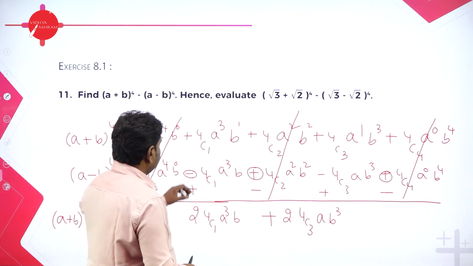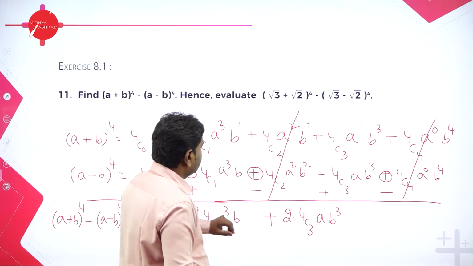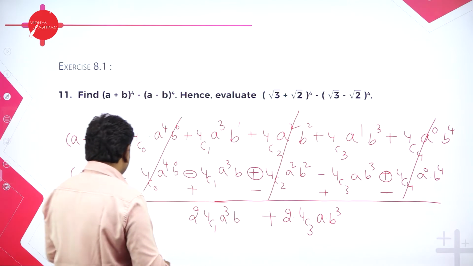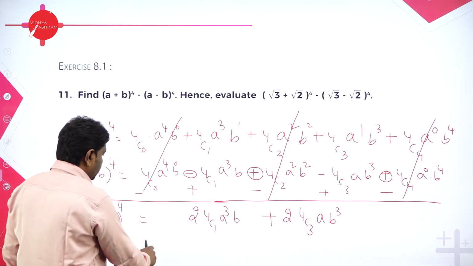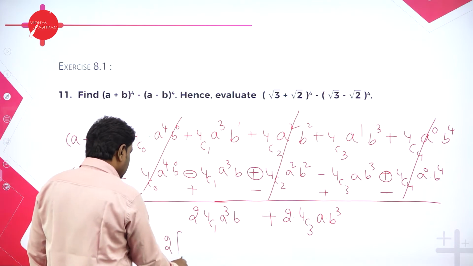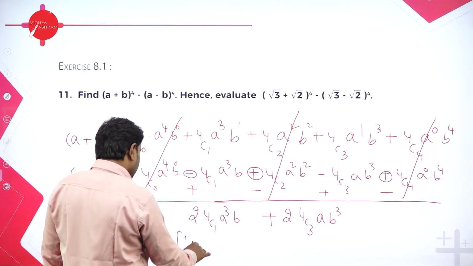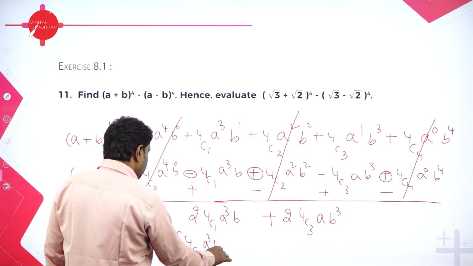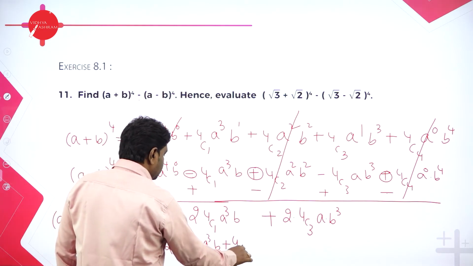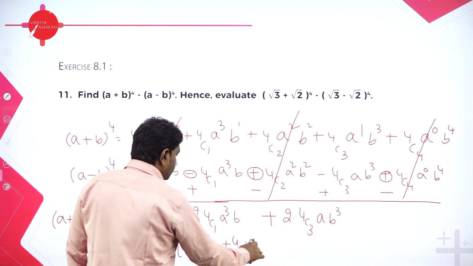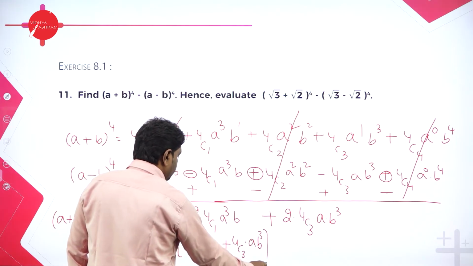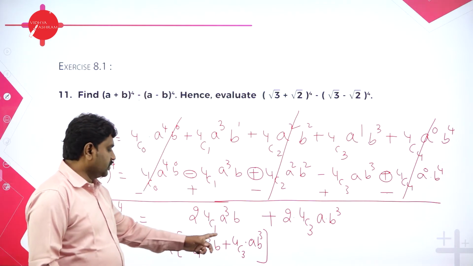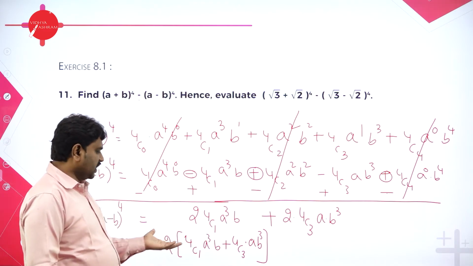So here we will get 2 times 4c1 and 2 times 4c3, and that's it. Now further you can simplify this. I can take 2 common from both, then I will be left with 4c1 a cube b plus 4c3 a b cube. And further interesting, 4c1 and 4c3 both are the same. So again 4c1 I can take out like that or leave it.